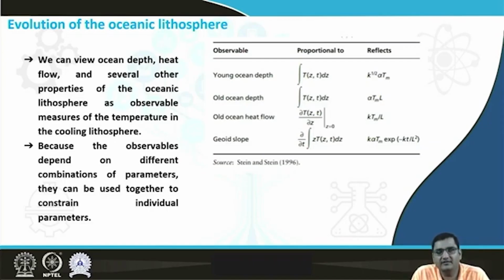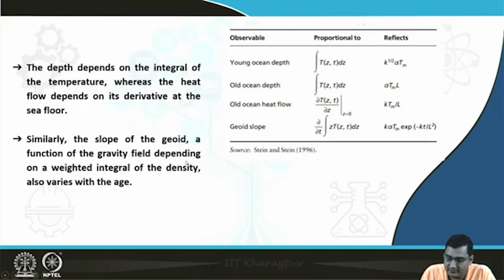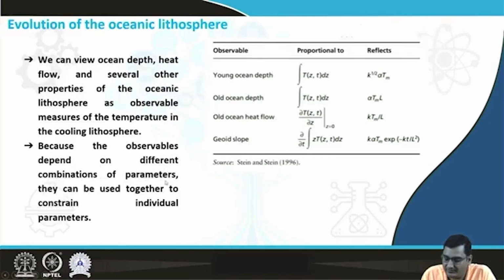Now we can view ocean depth, heat flow, and several other properties of the oceanic lithosphere as observable measures of the temperature in the cooling lithosphere. Because the observables depend on different combinations of parameters, they can be used together to constrain individual parameters.